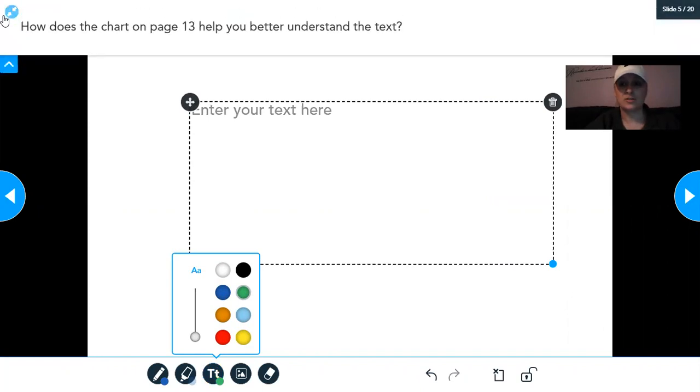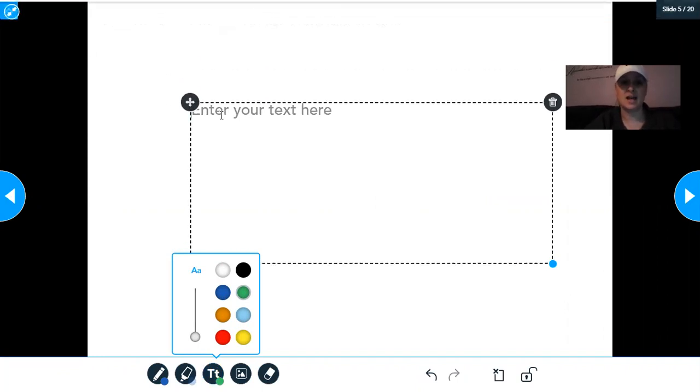If you're ever not sure what the question is again, you can pull it back down to reread it. How does the chart on page 13 help you better understand the text?